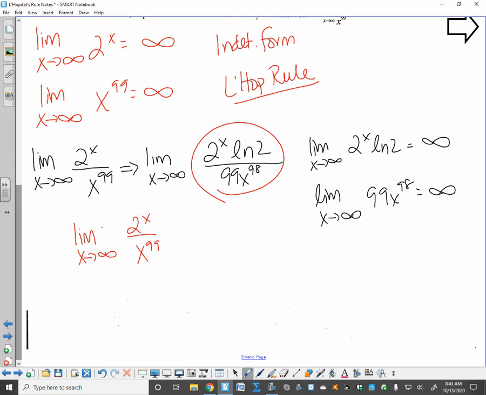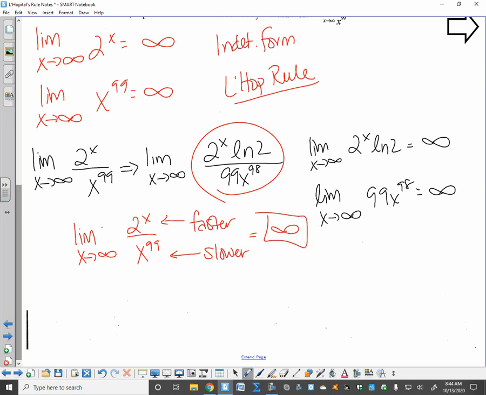Well, exponential growth is faster than any sort of power growth. So this is growing faster than this one. They are both headed to infinity, but the top is headed to infinity faster than the bottom. So the top is bigger than the bottom. So the limit is infinity.